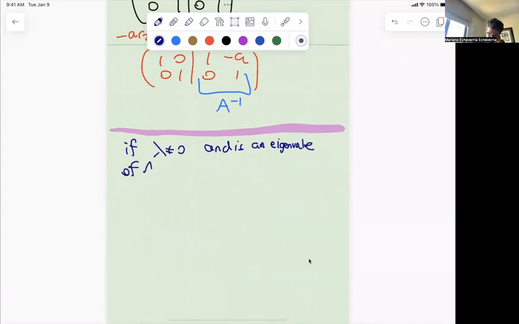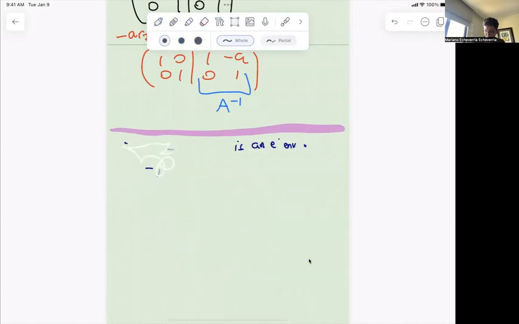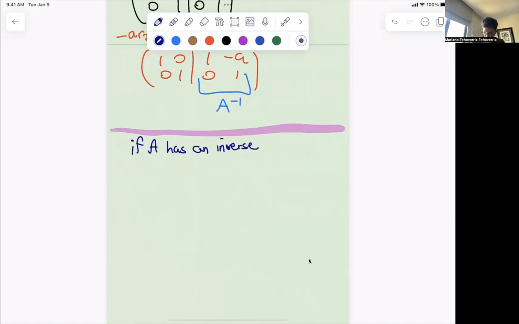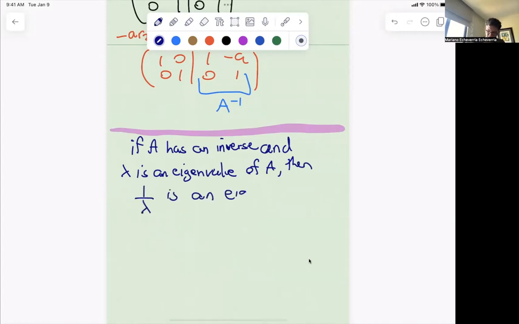If A has an inverse, if A is invertible, and lambda is an eigenvalue of A, then 1 over lambda is an eigenvalue of A inverse. I don't know if you saw that one, but it's a fun one as well.